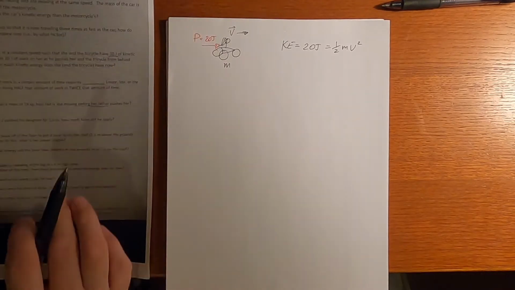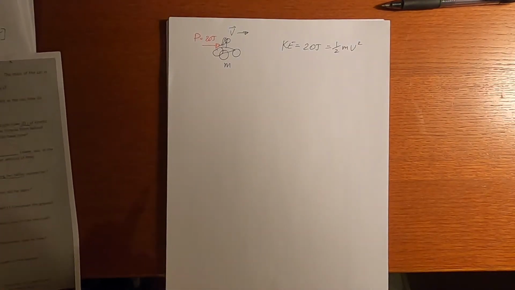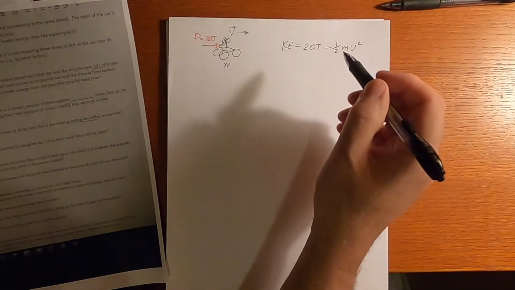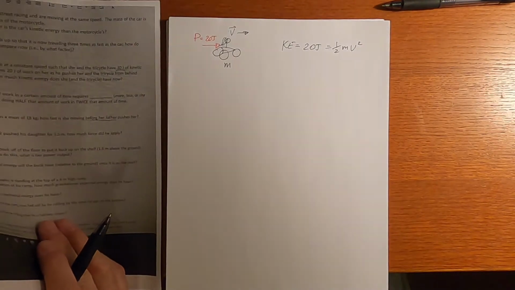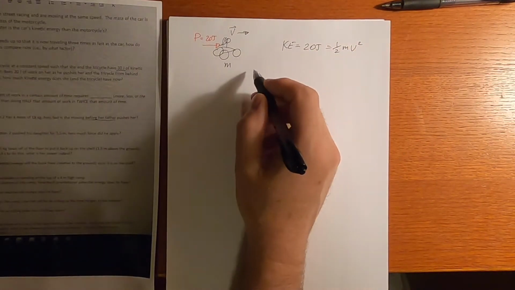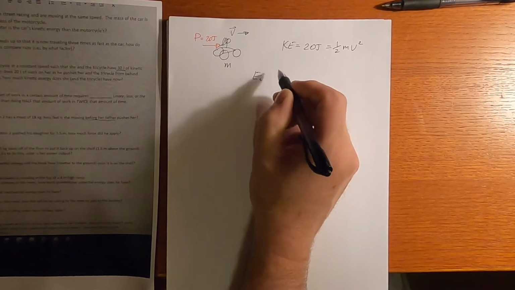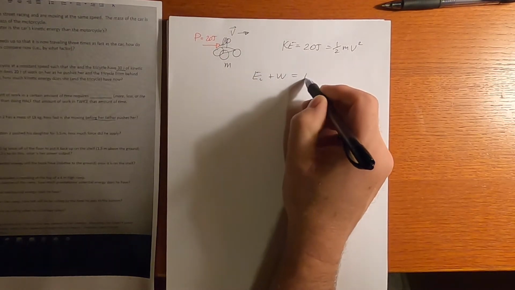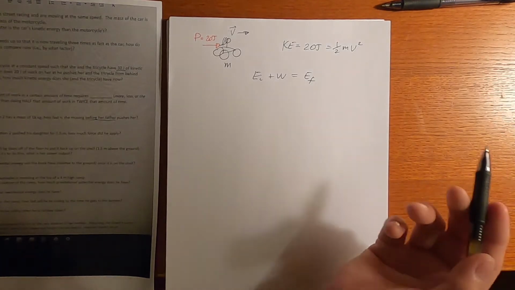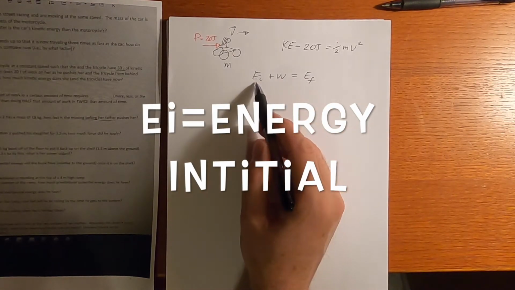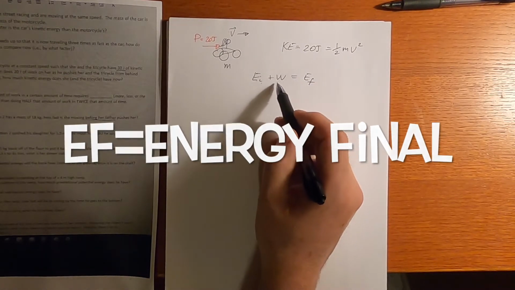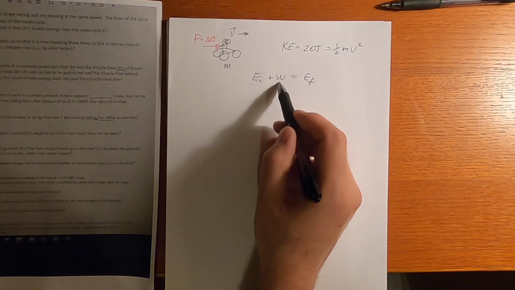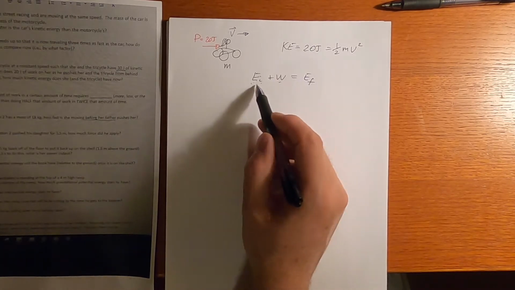So let's see how this works out. I'm going to call this energy I plus W equals energy F. Now, if you had conservation of energy, then energy I would equal energy F. But what's going on here is the external addition of work, which is some energy added into the system, so it won't be conserved.